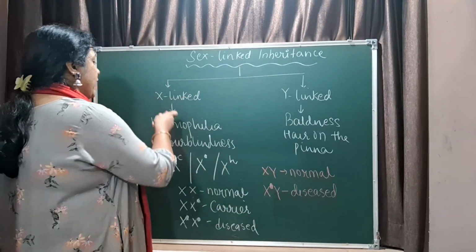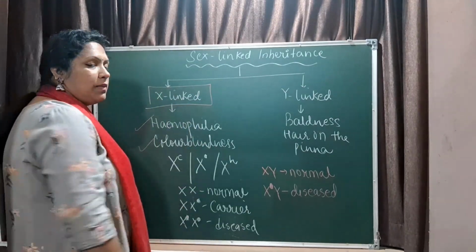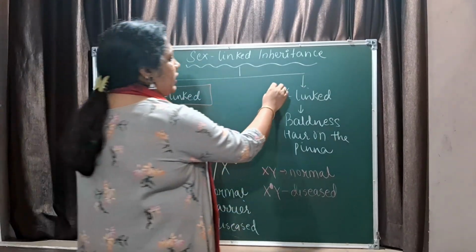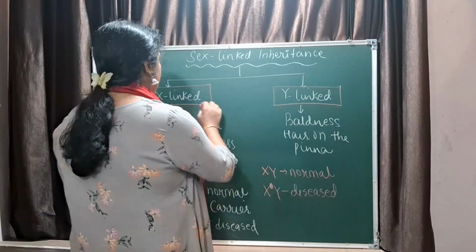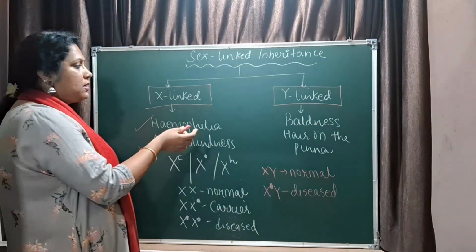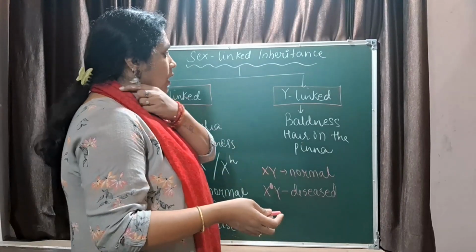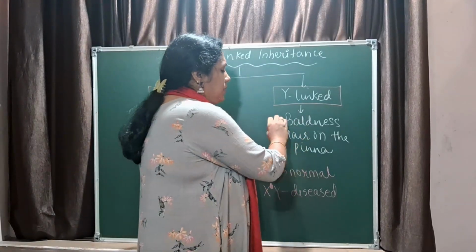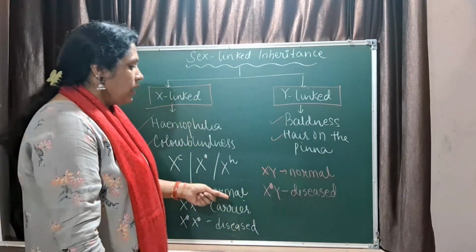Examples of X-linked inheritance are hemophilia and color blindness. Y-linked inheritance is from father to son, and X-linked is crisscross inheritance, from father to daughter and mother to son. Another example is baldness and hair on the pinna, that is, on the outer surface of the ear.